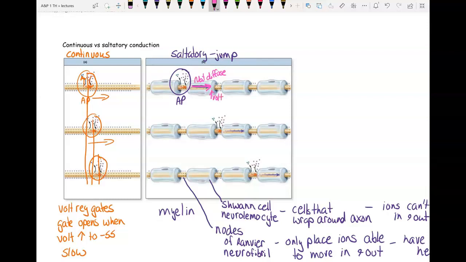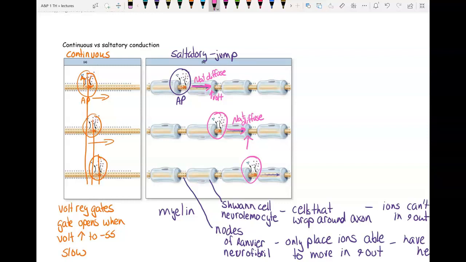And as long as it raises it to at least -55, then we have an action potential in the next node. And again, the sodium comes in and it diffuses under the cell. That increases the voltage of the next node, and it has an action potential.